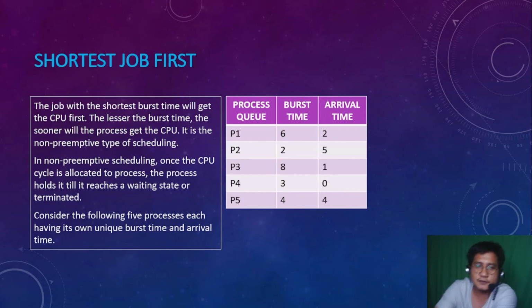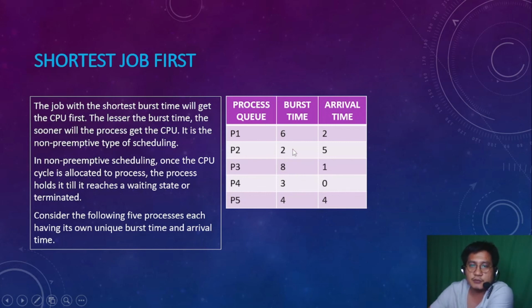So, for example, if we look at this table, we have at least 5 processes, and these processes have different burst times. We have 6, 2, 8, 3, and 4. Now, among the burst times of each of the processes, since this is shortest job first, it is very noticeable that process 2 will get executed first from the rest of the processes.